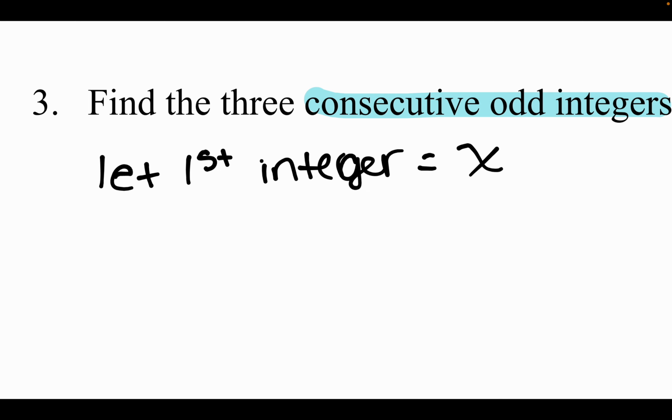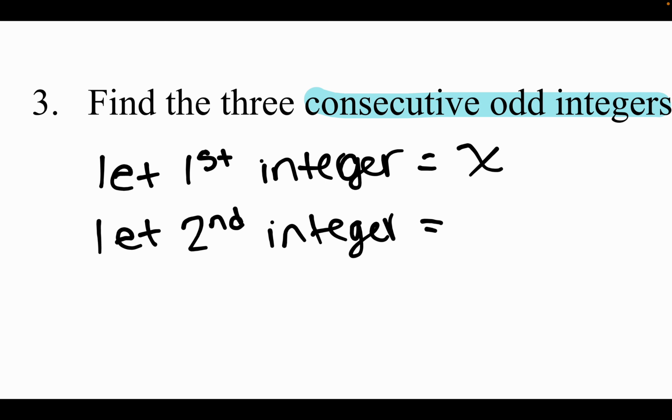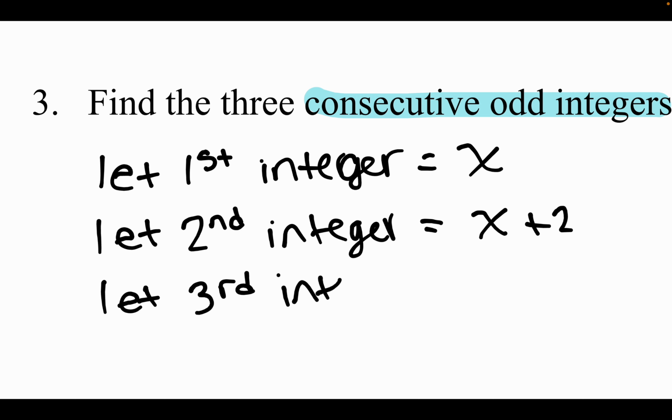So we have, let's say, 3 plus 2 is 5. So the next integer is going to be x plus 2. And then the next integer is going to be x plus 4.